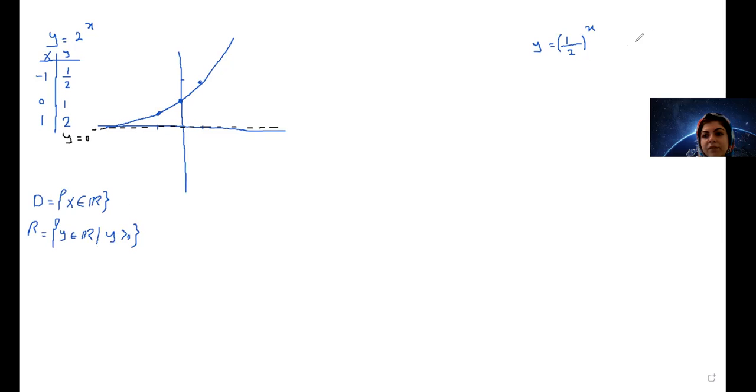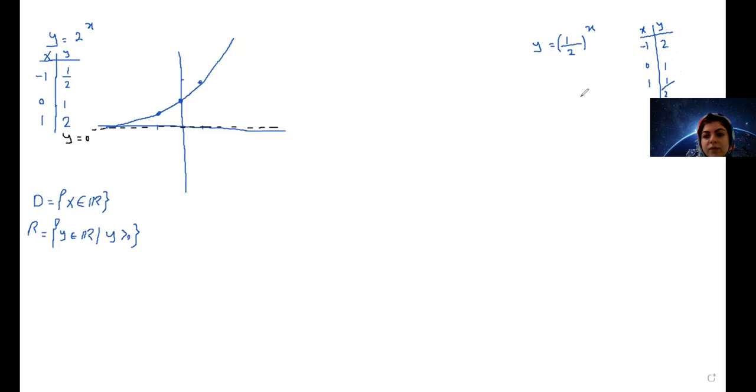Now I can graph this one as well. x, y: -1, 0, 1. 1/2 to the power of -1 is 2. 1/2 to the power of 0 is 1. 1/2 to the power of 1 is 1/2.